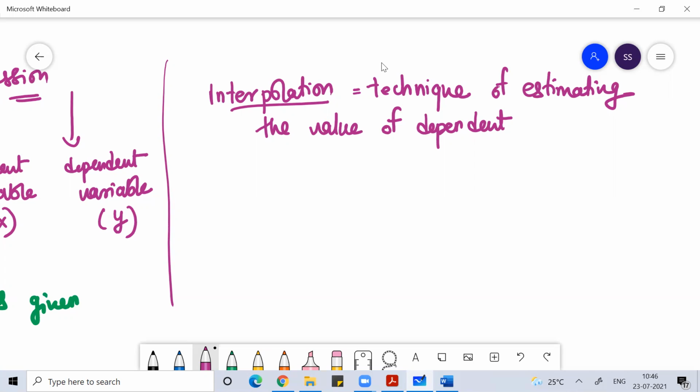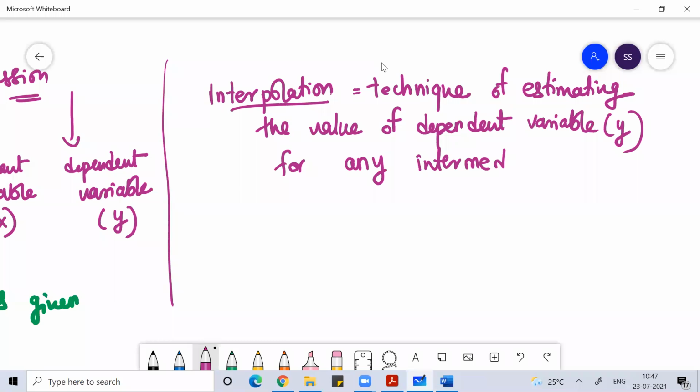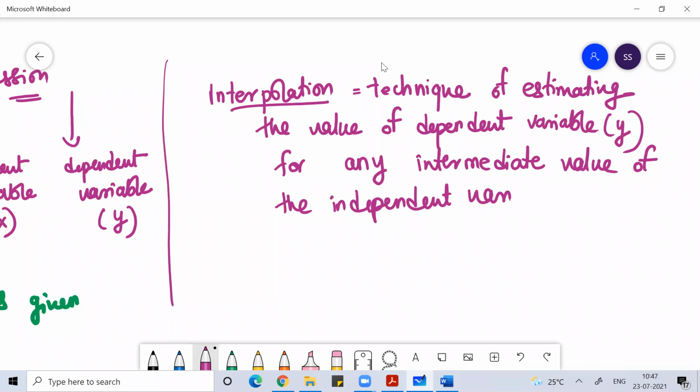So what is interpolation? Interpolation is a technique of estimating the value of the dependent variable, which is your y, for any intermediate value of the independent variable, which is your x.